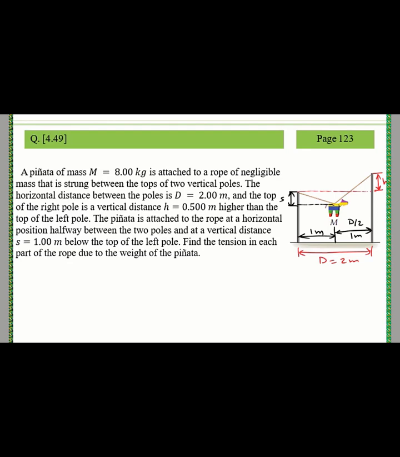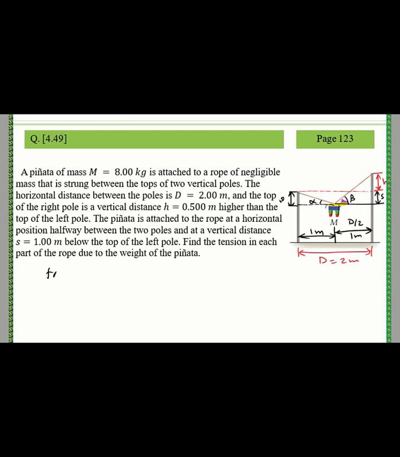For the tensions we need angles. This angle, let it be alpha, and this angle, let it be beta. This distance is s, also here s, and this is also s. Now we can find alpha and beta.